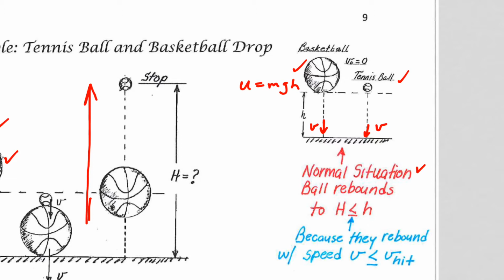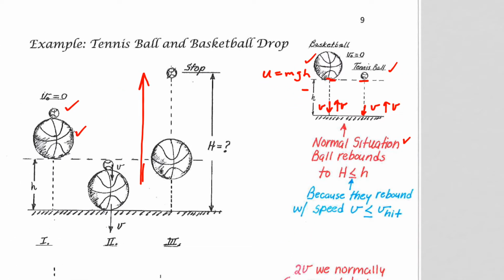So if the collision with the ground is perfect, both of them would bounce back with a speed v, and in the world's most perfect collision, no air resistance, no energy removed, they would bounce back to the same height h. And we know, of course, in actuality, they will bounce back to a somewhat lower position based on the elasticity with the ground when they bounce.